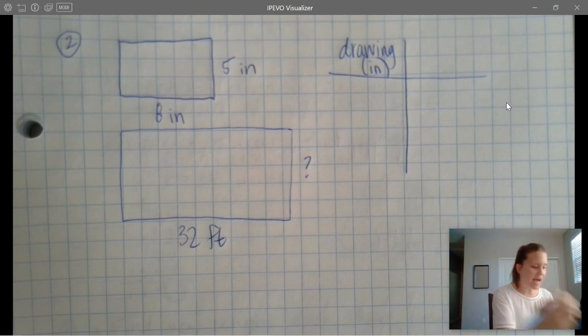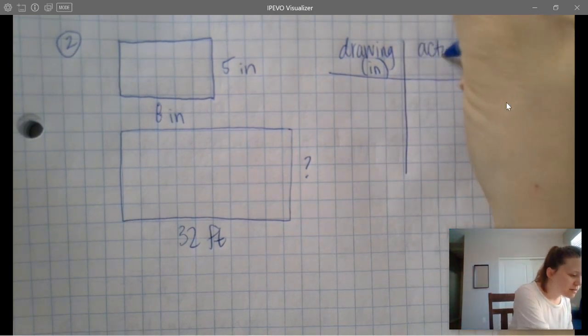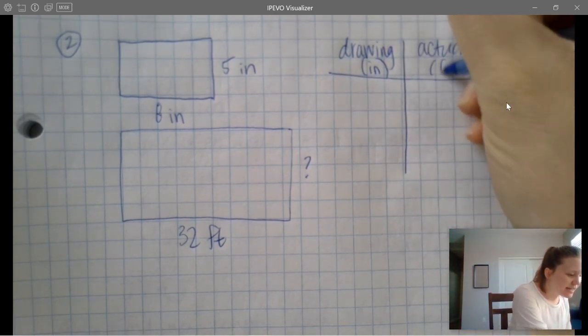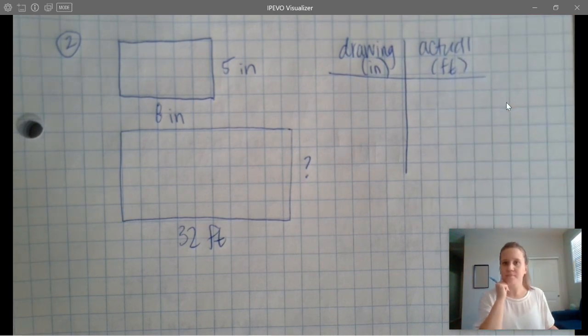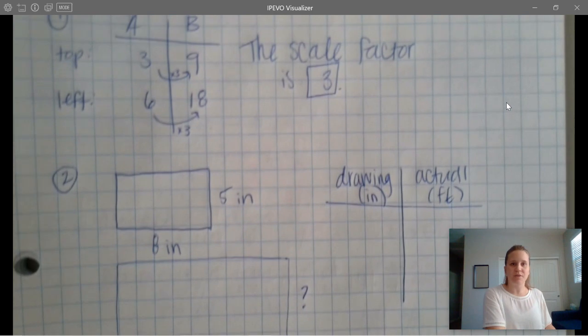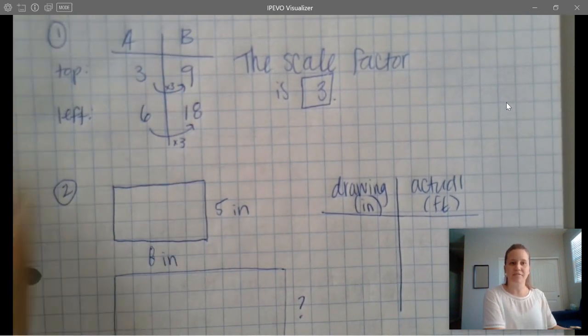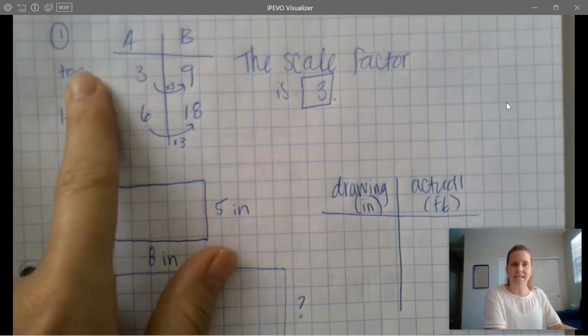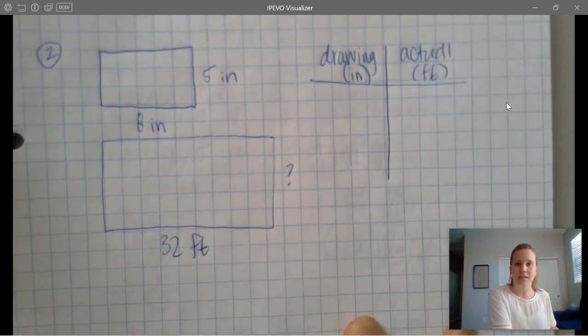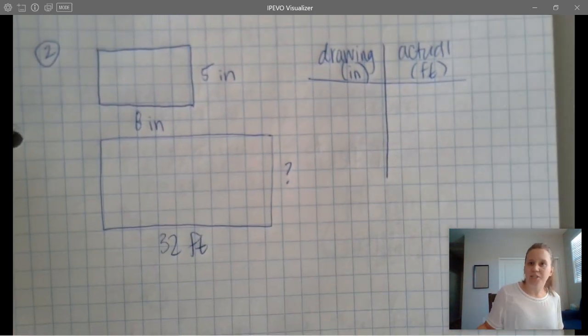Then I have the actual rug, or the real life rug, and that is in feet. And the same thing I showed you with figure A and B, where we labeled top and left, I think top side and left side could actually be really helpful here in this ratio table.